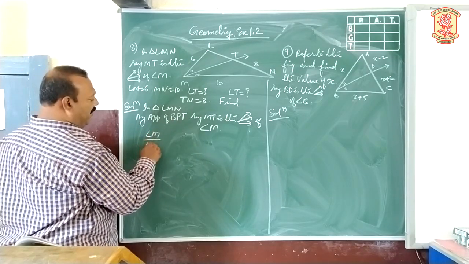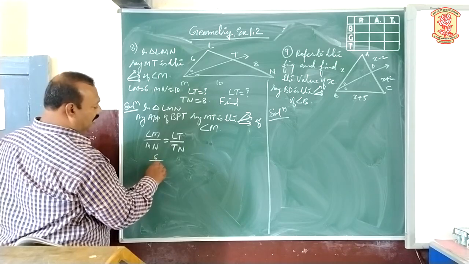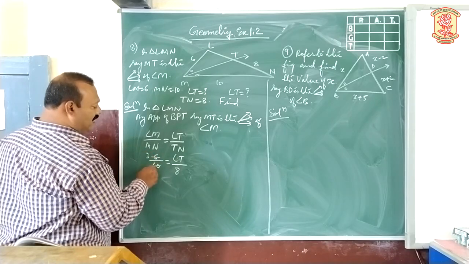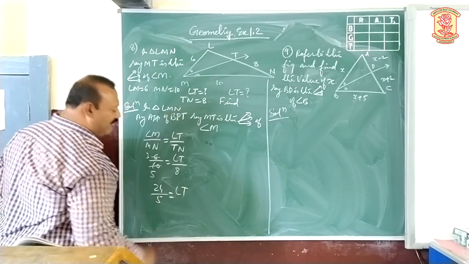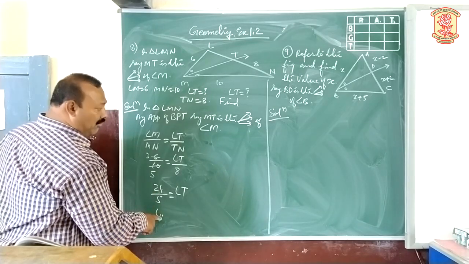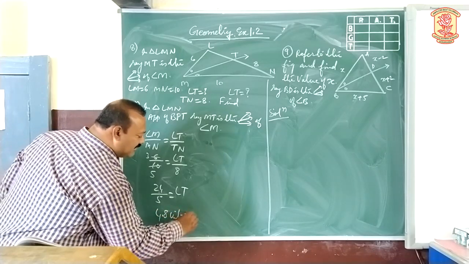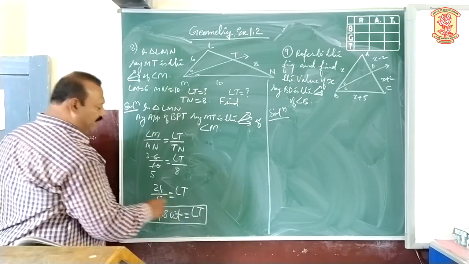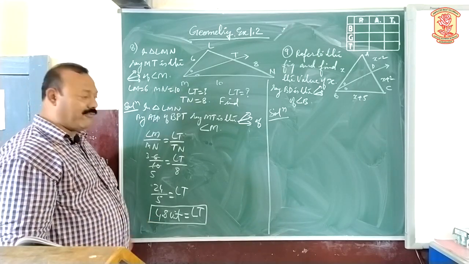LM upon MN equals LT upon TN. 6 upon 10 equals LT upon 8. Now 2 3s are 6, 2 5s are 10. Make a cross. 3 8s are 24 divided by 5. That will give you the length of LT. Now 5 4s are 20, 4 is left. Put a decimal and 0, we consider 40. 5 8s are 40. So the value of LT comes to be 4.8 units. 24 divided by 5 in decimal form comes to be 4.8.